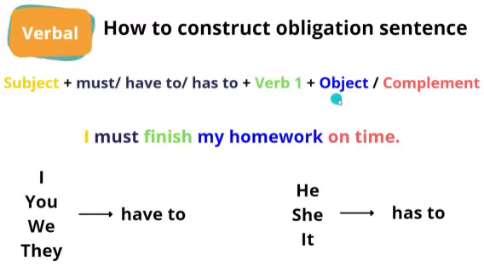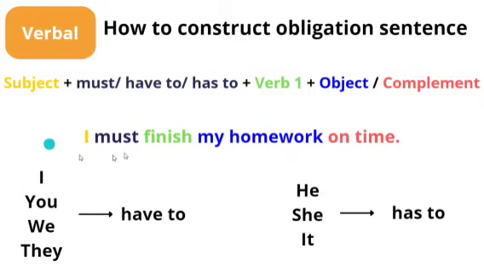Lihat contohnya. I must finish my homework on time. I sebagai subjek, must, and then finish sebagai kata kerja, verb, my homework adalah objeknya, and on time. On time ini adalah keterangan waktu, masuk ke dalam complement.